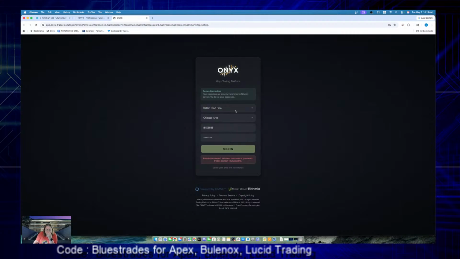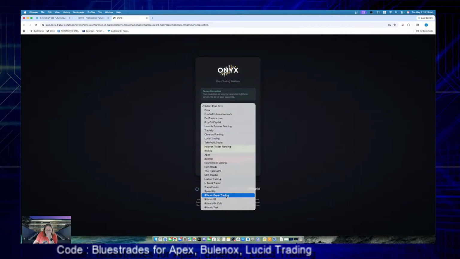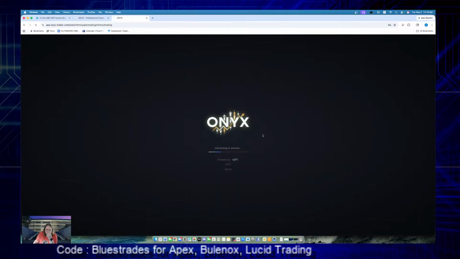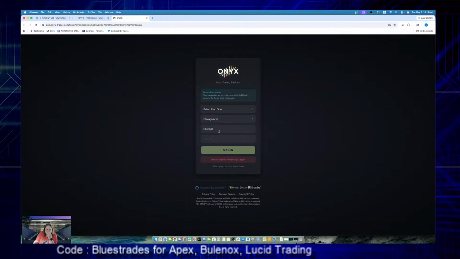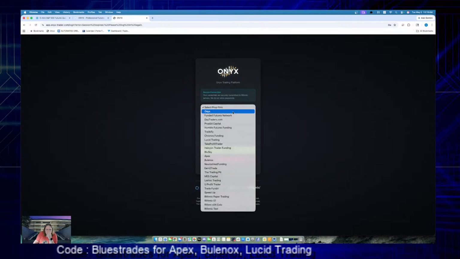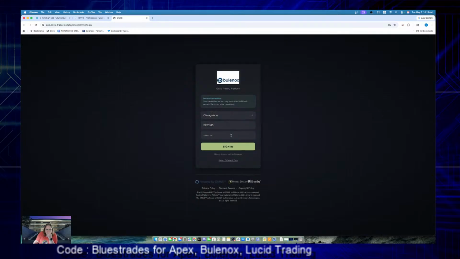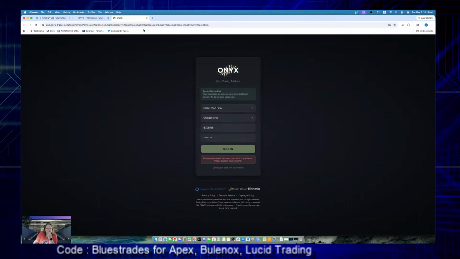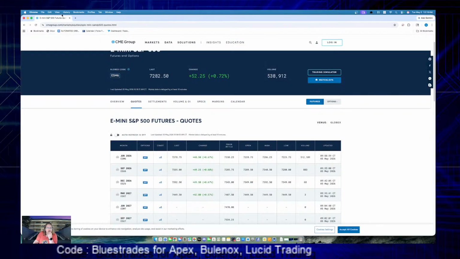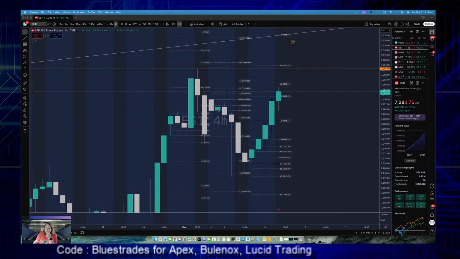We'll just go rhythmic paper trading and see if I can get in. I know they have Bull and Ox listed under here. It might be because I'm signed in on it on Ninja, but anyway, I know you can use it on Onyx because I have in the past. But if you want a real cheap account, there's your way to go, Bull and Ox.